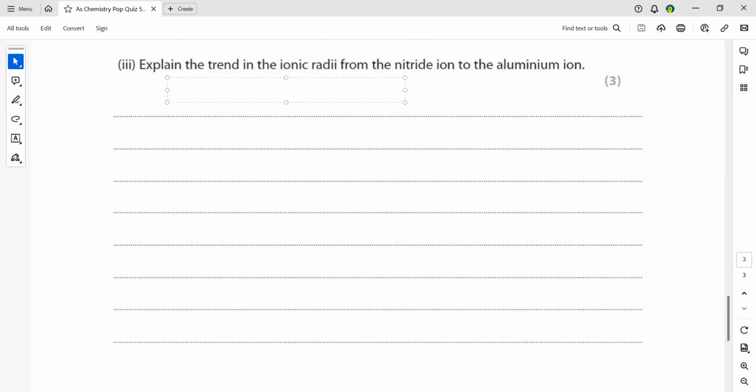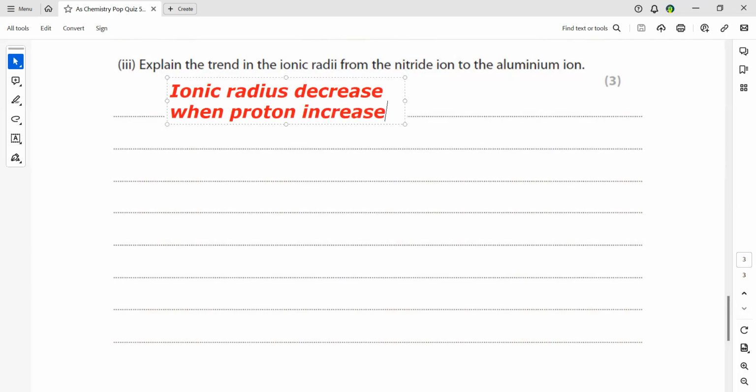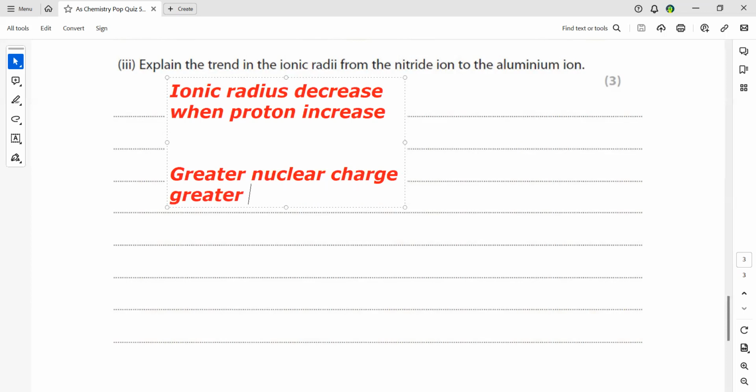One mark is for mentioning the ionic radius decreases when proton number increases. And the reason is that when the proton number increases, there will be a greater nuclear charge. And when it has a greater nuclear charge, there is greater attraction towards the electrons.